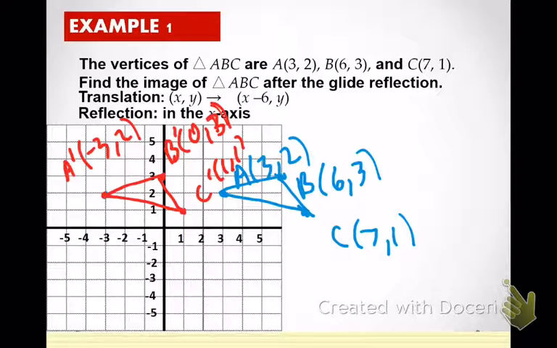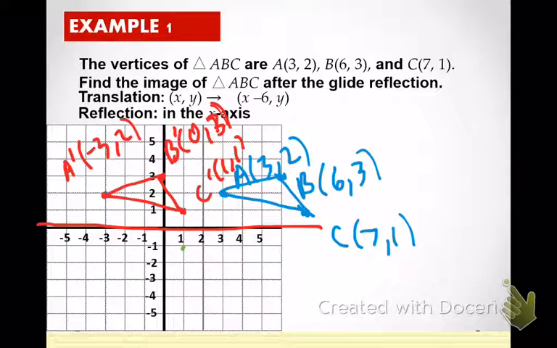Which one is the x-axis? The horizontal. Good. We're going to reflect it across this line right here. So when we do that, reflect it across that line. Somebody give me the coordinates for C double prime.